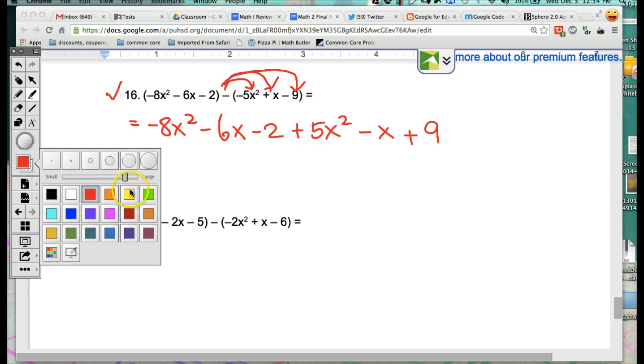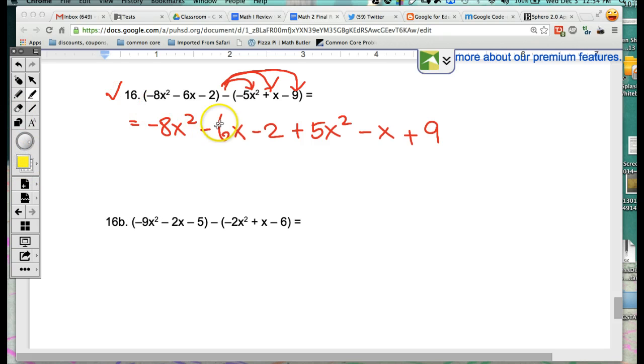So now let's take a look. You have to remember it has to be the same letter and same exponent. So we have x squared and x squared. I'm going to put x squared and then negative 8 plus positive 5, which is going to give me negative 3.